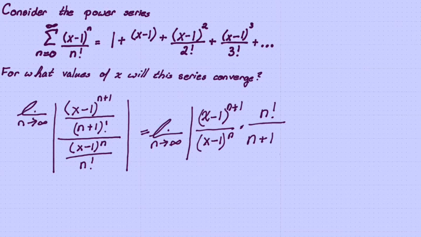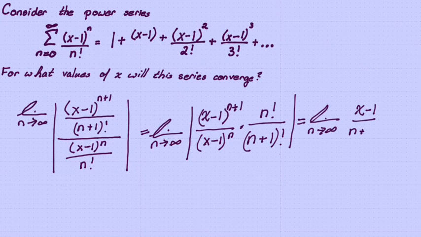All right, so let's see. I think I've simplified this correctly. But now I need to think about what's going on with this n factorial over (n+1) factorial. The first n terms of the (n+1) factorial in the denominator are going to cancel out with the n factorial in the numerator. So we'll be left with the limit as n goes to infinity of (x-1) over (n+1) in absolute value.